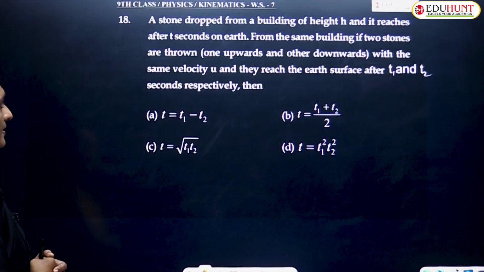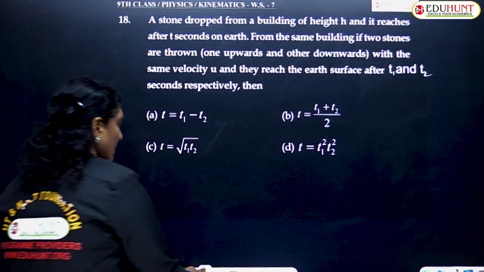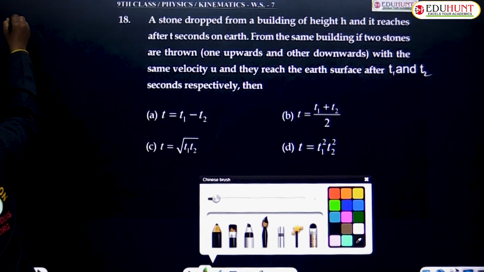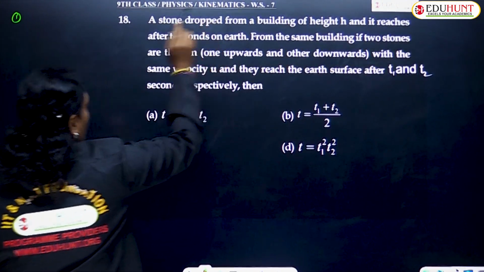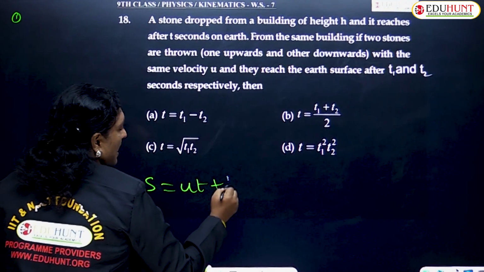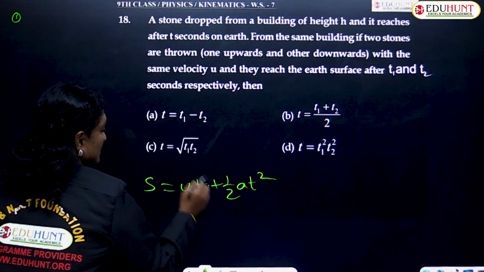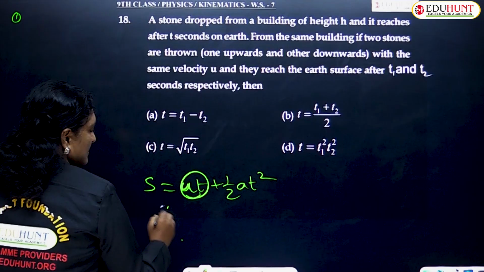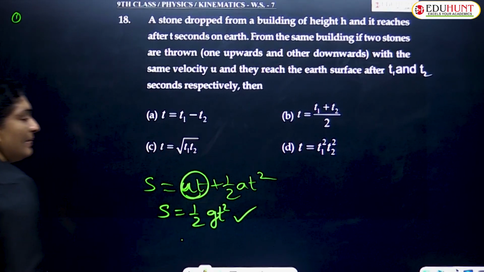First of all, let us find out for a freely falling body. The general formula is s equals ut plus half at square. But as it was a freely falling body, initial velocity is 0. Hence s equals half g t square will be your equation.